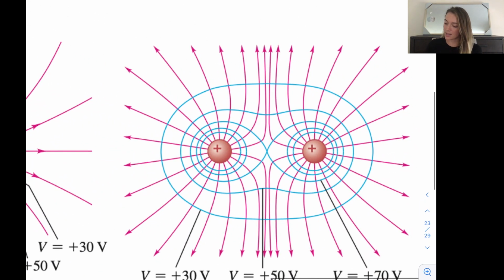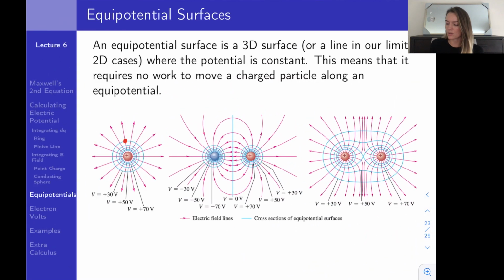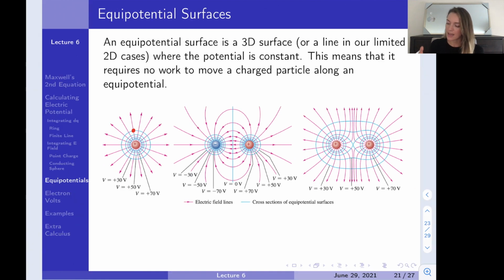And then in the case of 2 point charges, our lines of equipotential look a little bit funny. It kind of looks like ET actually. But I wouldn't ask you to draw the lines of equipotential for a charge distribution like this. Really, as long as you can understand it in the point charge case, that's the most important thing.